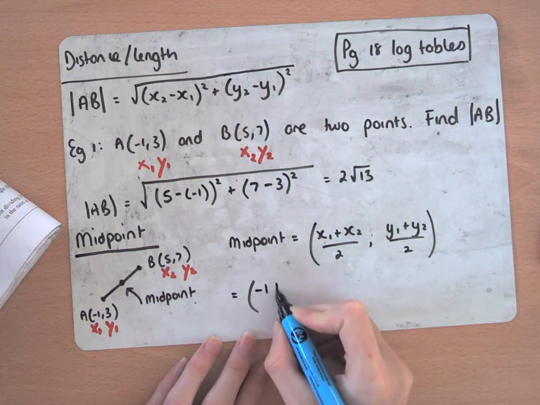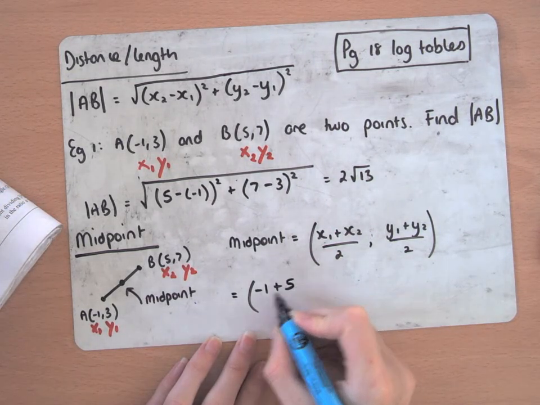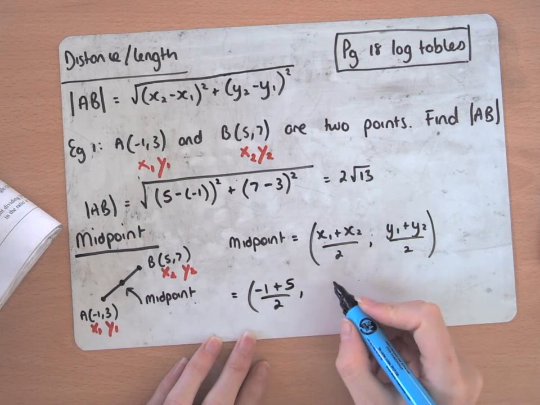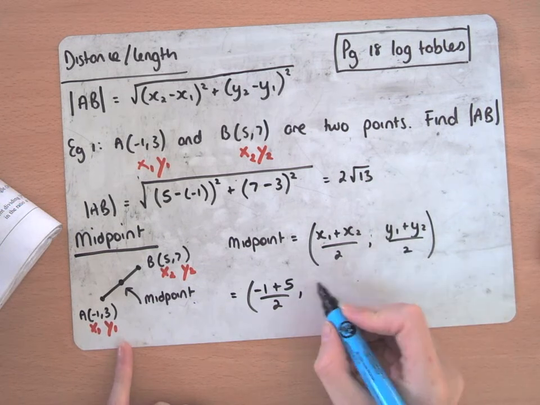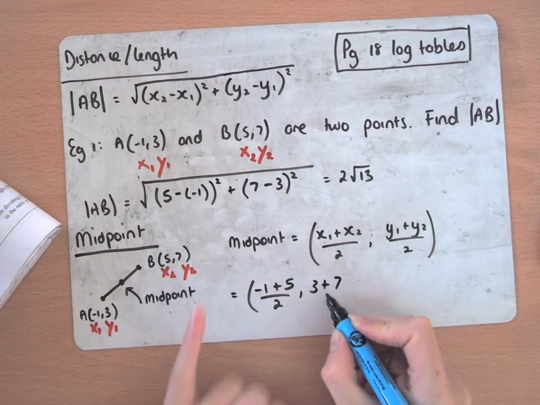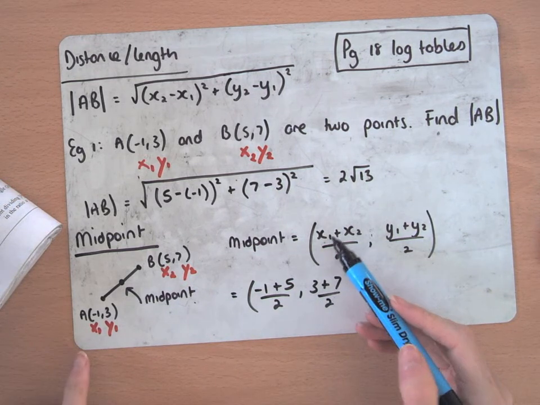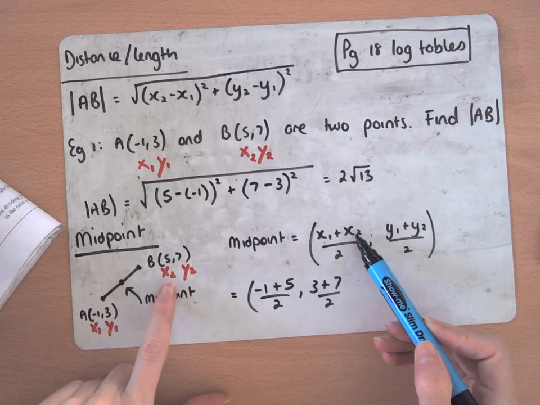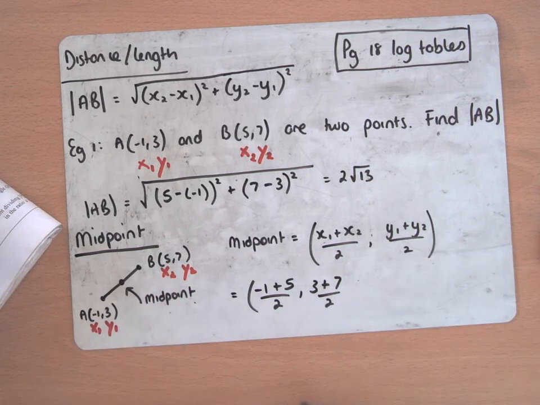Minus 1 plus x2, 5 over 2. What's y1? 3 plus, what's y2? 7 over 2. Everyone okay with where I got those numbers? So x1 plus x2 over 2, y1 plus y2 over 2.